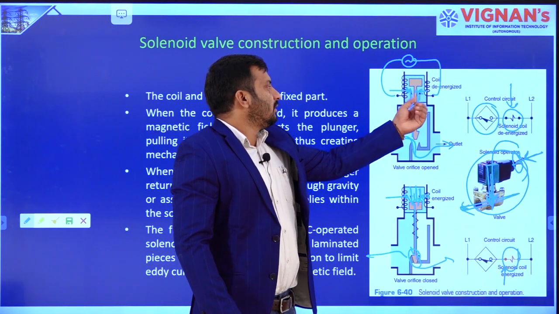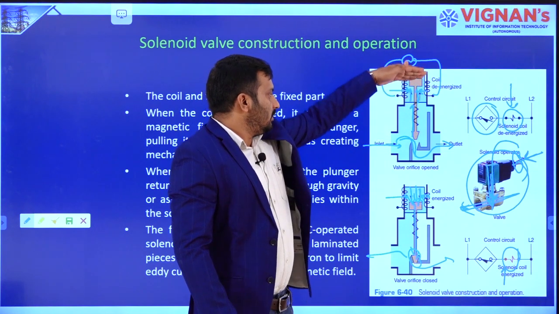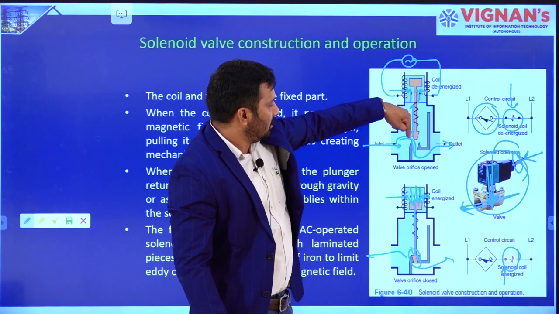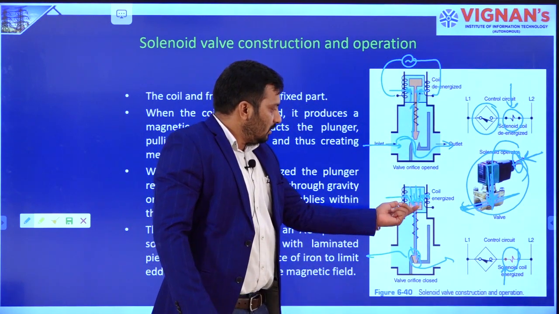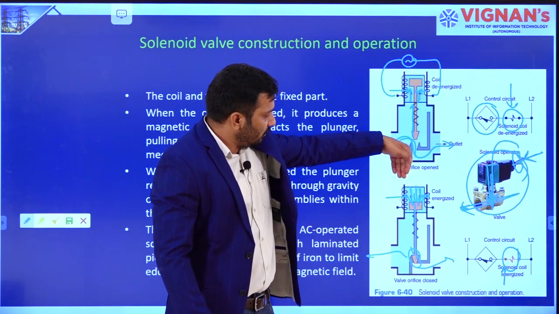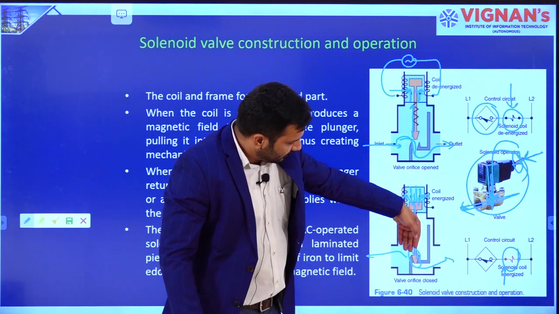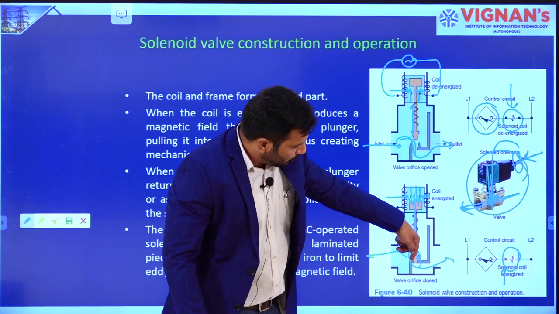See here, when it is de-energized, what will happen? There is no magnetic field across this arrangement. Then this is the position of the valve inside the solenoid valve. Once it is energized, a magnetic field is generated inside. Due to that magnetic field, force acts on this stem. It moves like this, right, and closes the valve.